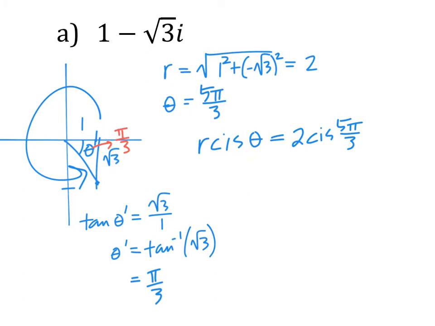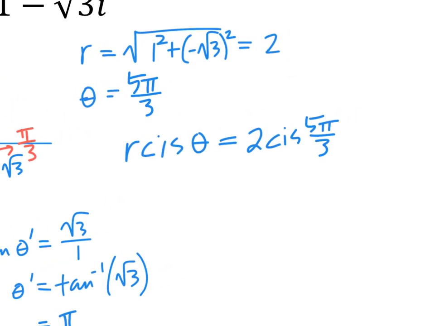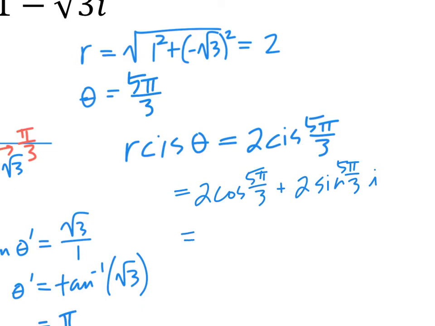Okay, how do you know that you got the right answer? How can you double check? Well, we can go backwards. So 2 cis 5 pi over 3 is the same as saying 2 cosine 5 pi over 3 plus 2 sine 5 pi over 3 i, right? And what you need to do is just multiply this whole thing out.